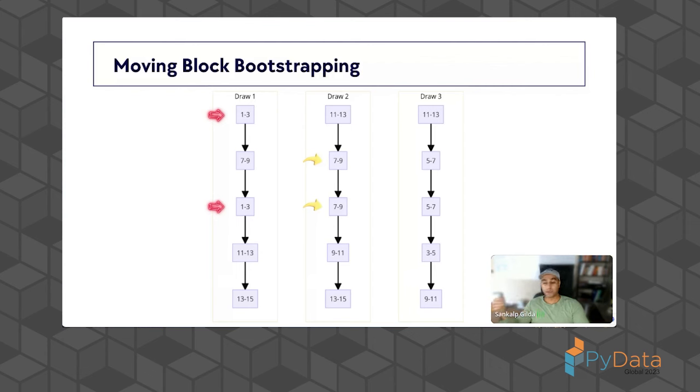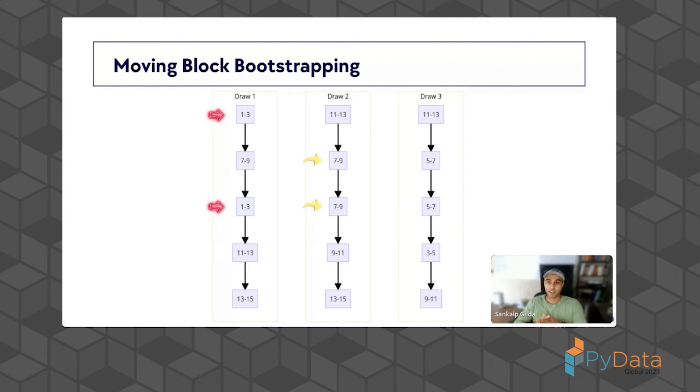Moving block bootstrapping allows you to start from anywhere in your time series data, and you still resample with replacement. So in draw 1, you'll see blocks consisting of indices 1 to 3 are repeated. This is similar to the repetition I showed earlier. Similarly, in draw 2, blocks 7 through 9 are repeated.